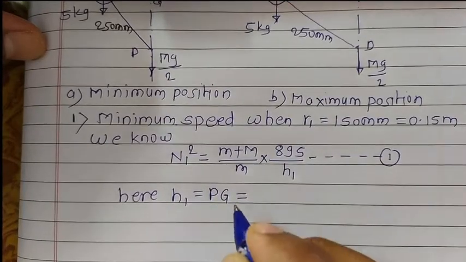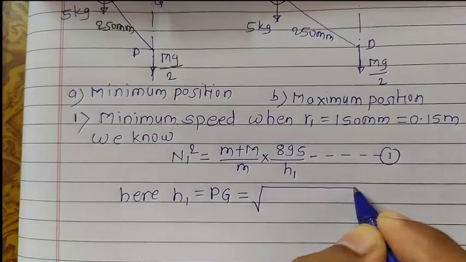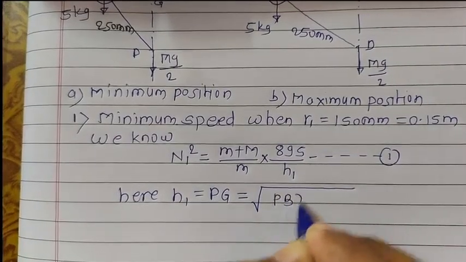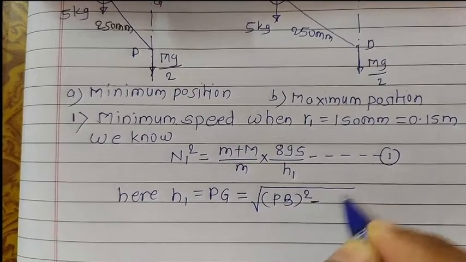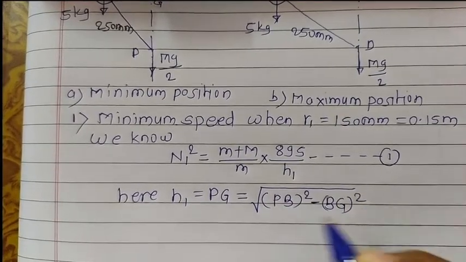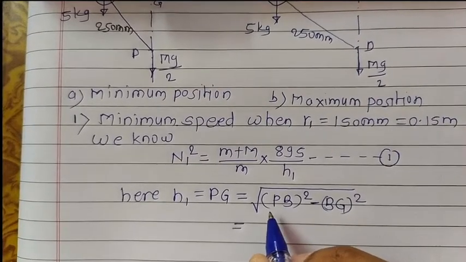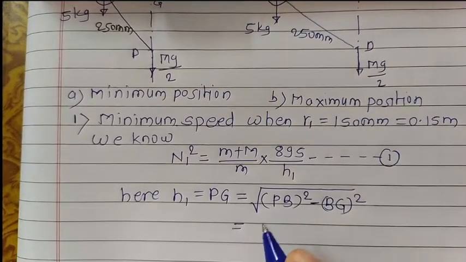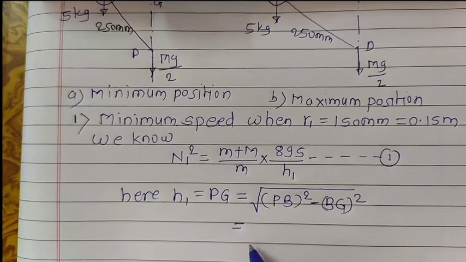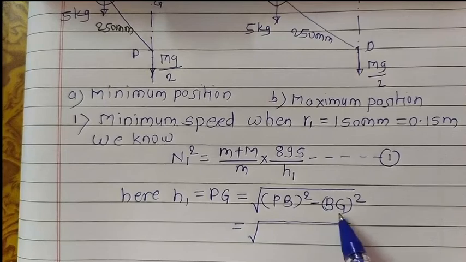PG equals square root of PB square minus BG square. So we know this PB is nothing but the length of the arm and BG is nothing but the radius of rotation.